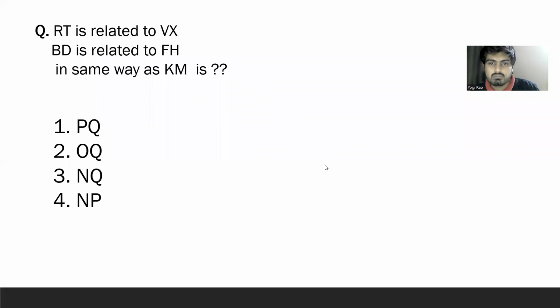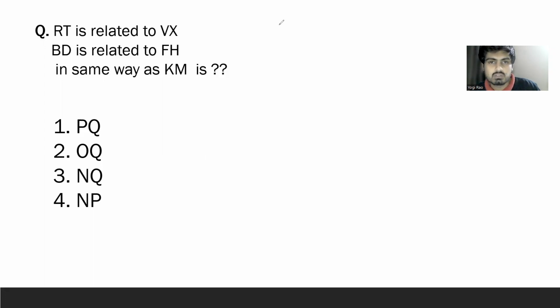Coming to the third question. If RT is related to VX and BD is related to FH, in the same way, what is KM related to? Here we can either directly calculate how much V is from R and how much X is from T, or we can write down the numbers.